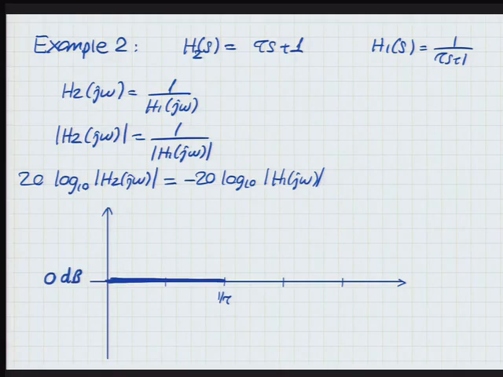So by the time you get here, you're at 20 dBs. And then you reach 40 dB a decade after that, that is here. So basically this grows linearly afterwards.